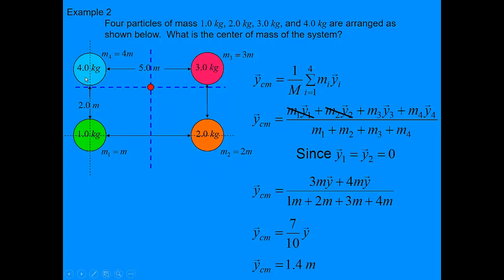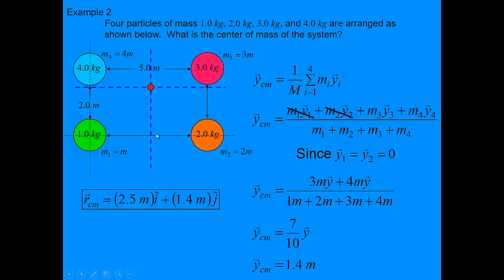Right in the middle this way, x, but up towards the top vertically because there's more mass up here. Now, of course, we could also choose to write this in unit vector notation, which would be 2.5 meters i cap plus 1.4 meters j cap. Kind of a nice way to write it. The coordinates, essentially, of the center of mass.